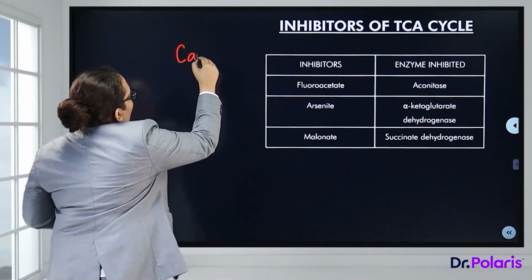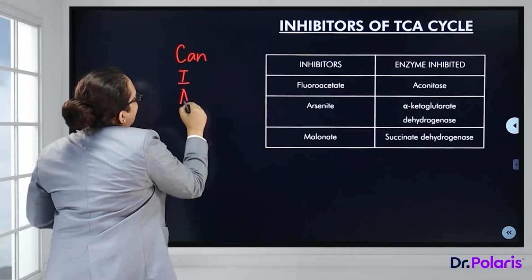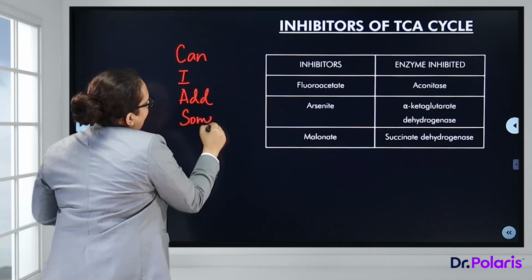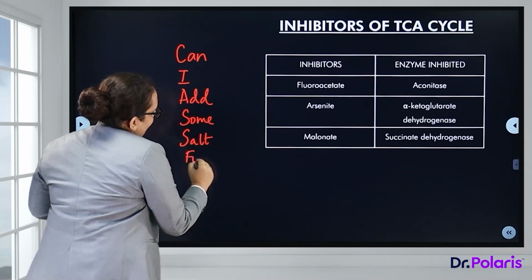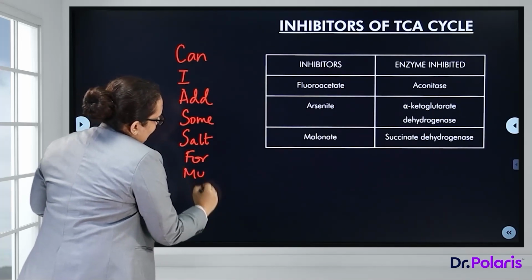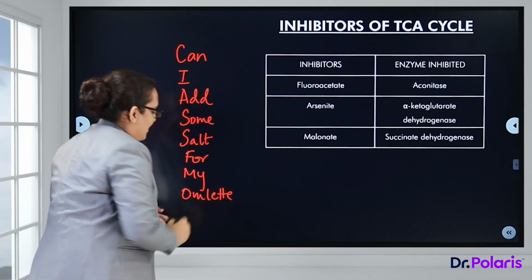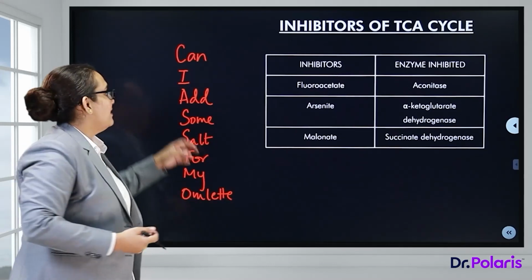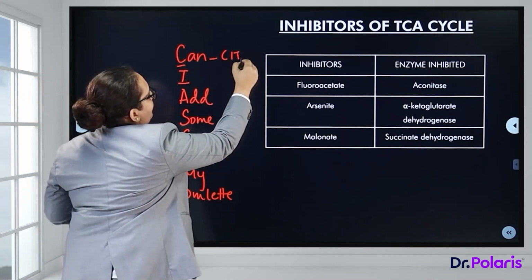So the mnemonic that I follow is, can I add some salt for my omelette? Now, if you're a vegetarian, you can change this to anything. Since I'm a non-vegetarian, I've written omelette. So C stands for citrate.